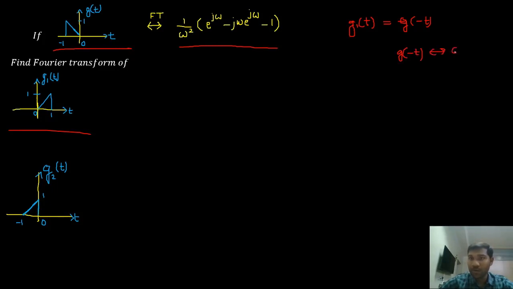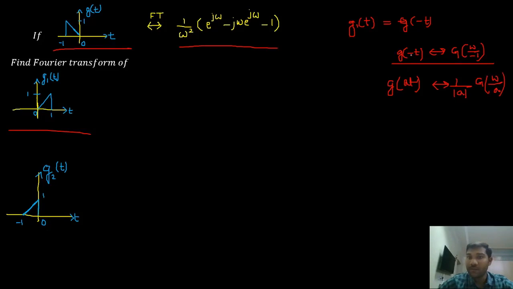It is going to be g of omega by minus 1, right? How did we get this? We are taking scaling. What is the scaling formula? Scaling factor. g of at will have the Fourier transform 1 by mod a into g of omega by a.